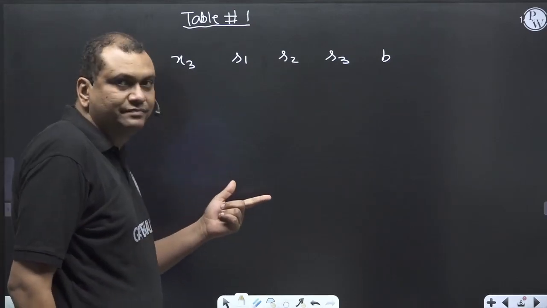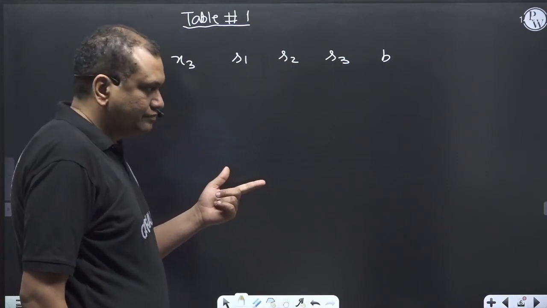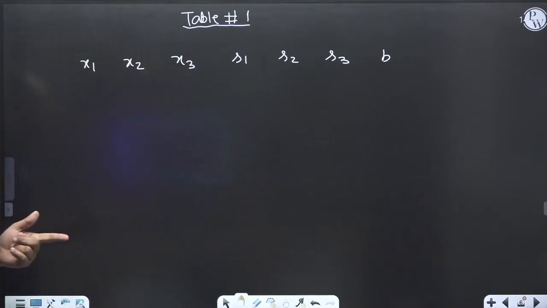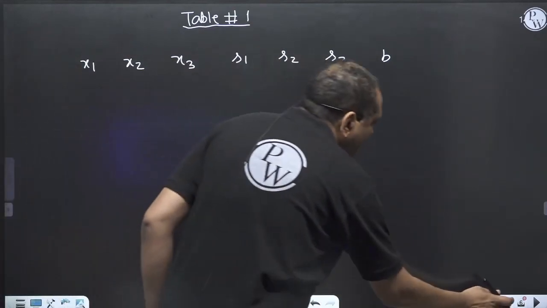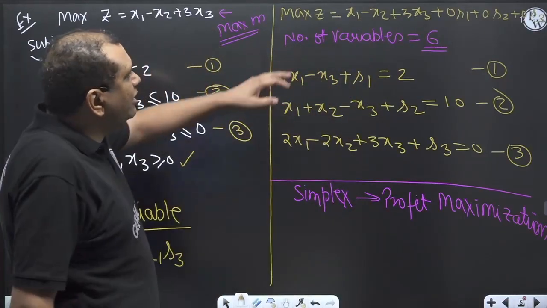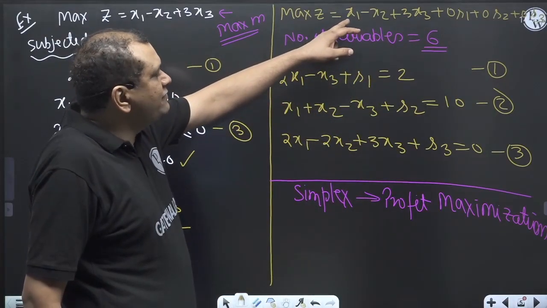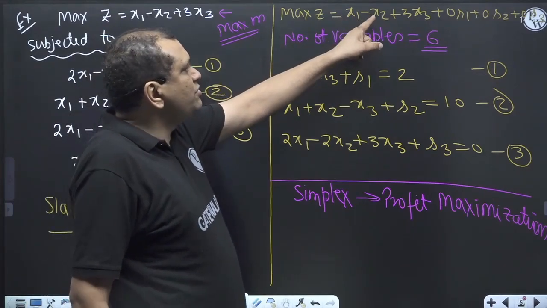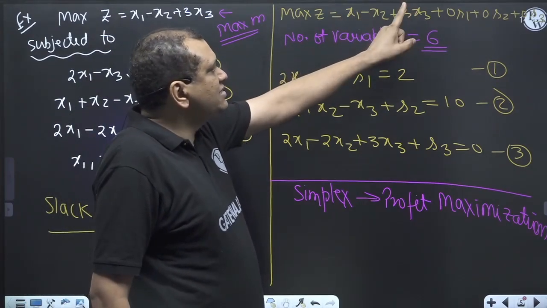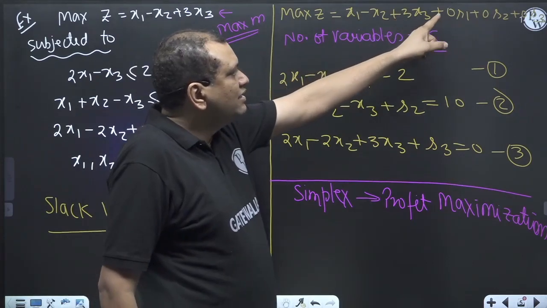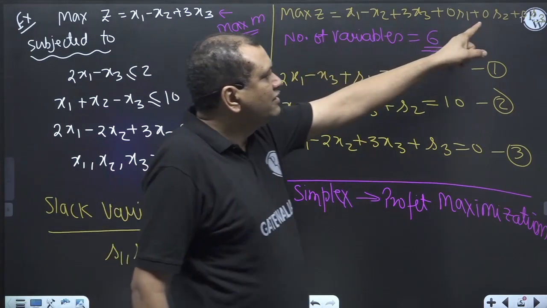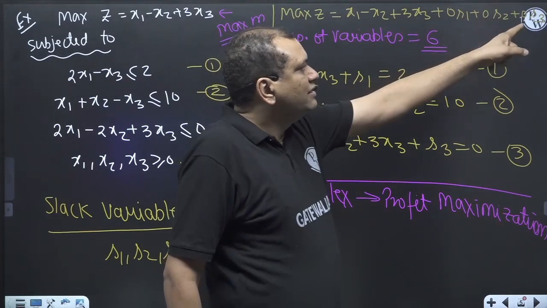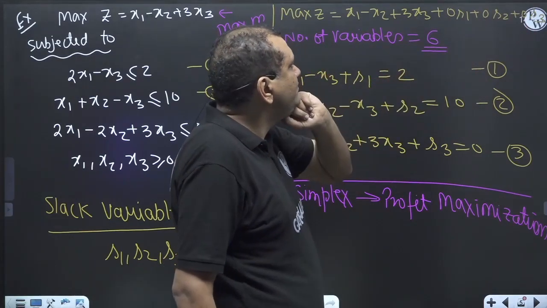Now see the coefficients of these variables in the objective function. x1 is 1, x2 is -1, x3 is 3, s1 is 0, s2 is 0, s3 is 0.